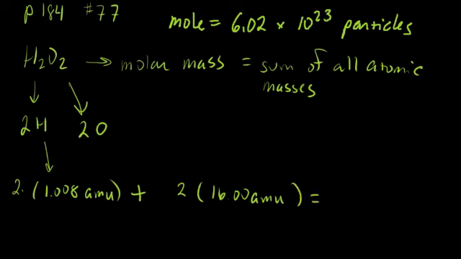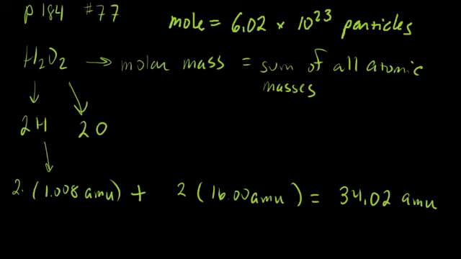If we do this math, this ends up becoming 34.02 AMU. So one single molecule of H2O2, hydrogen peroxide, is 34.02 AMU.